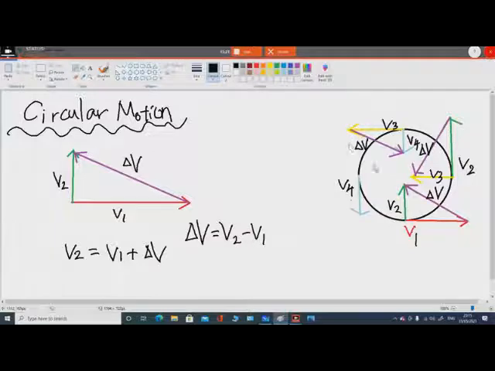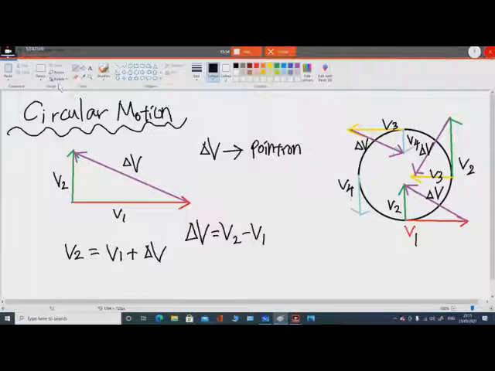Okay, as you can see, the purple line represented in this vector diagram for every point of this circle is pointing towards the center of the circle. So this means that the change in velocity, which is also known as delta V, is always pointing towards the center of the circle.